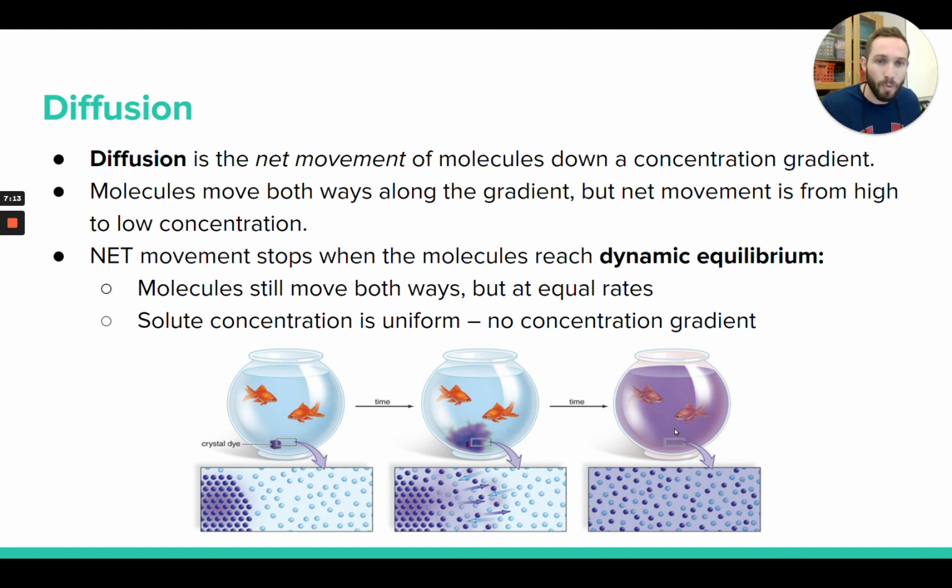But once it gets to this point, which we call equilibrium, the particles are still moving. They don't just stop moving, but now they're moving in no overall direction. Whereas before there was a net movement of dye particles from here towards these other areas, now they're all just moving very randomly.